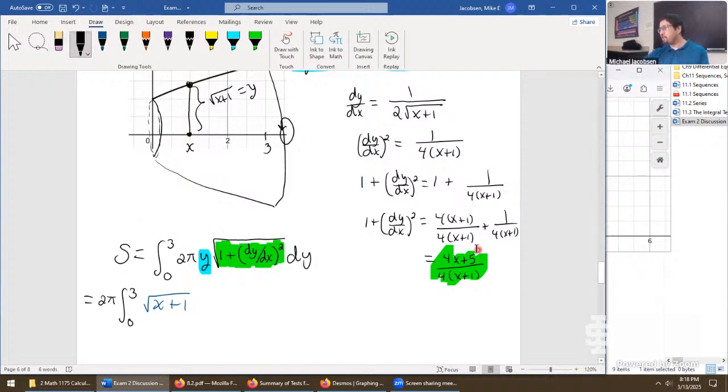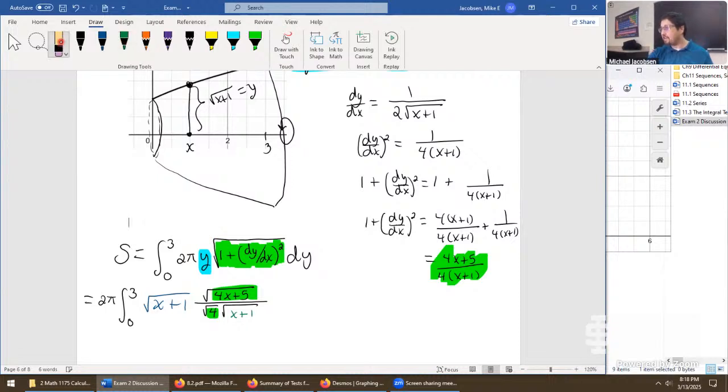For square rooting a fraction, you can just take the root of the numerator, divide by the square root of the denominator, but that even splits up. If you have things multiplied in the denominator, you can take the root of one factor and the root of the other factor. And this is what you get, 4x plus 5 and 4, and hang on, x plus 1, let me fix that one.